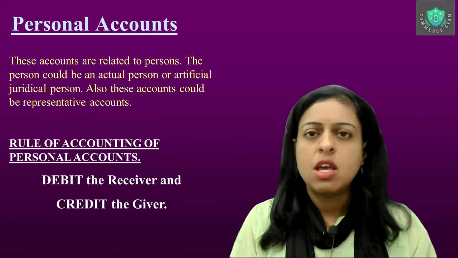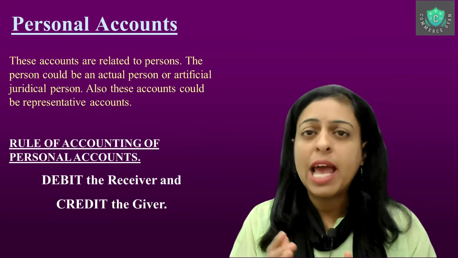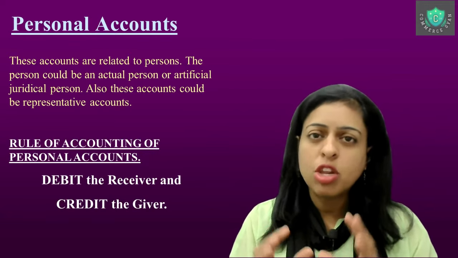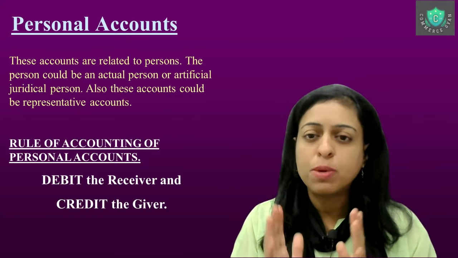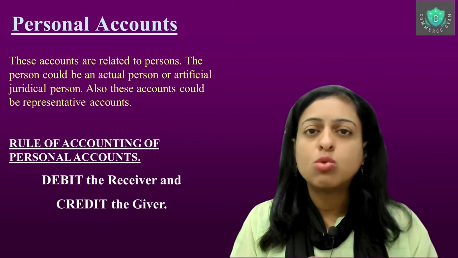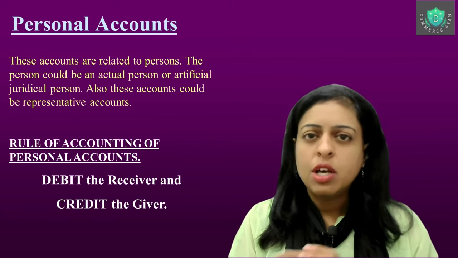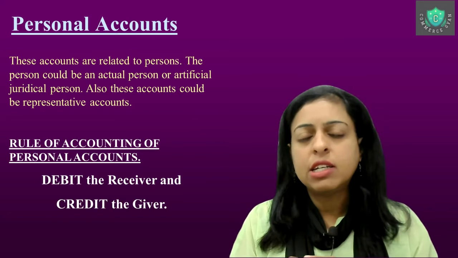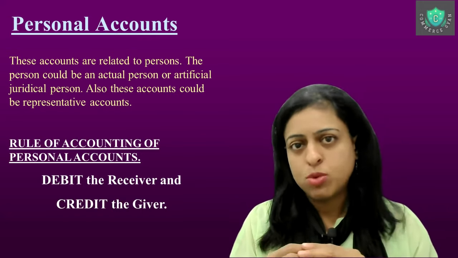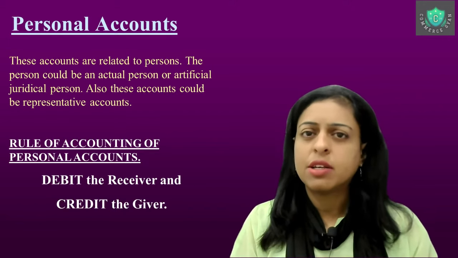All these three, a normal human being's account, an artificial juridical person's account, and a representative account, fall under the same definition of personal accounts. Fine. Now, the rules of these accounts. For the personal account, if you remember the concepts of accounting, the dual entity concept or dual aspect concept.